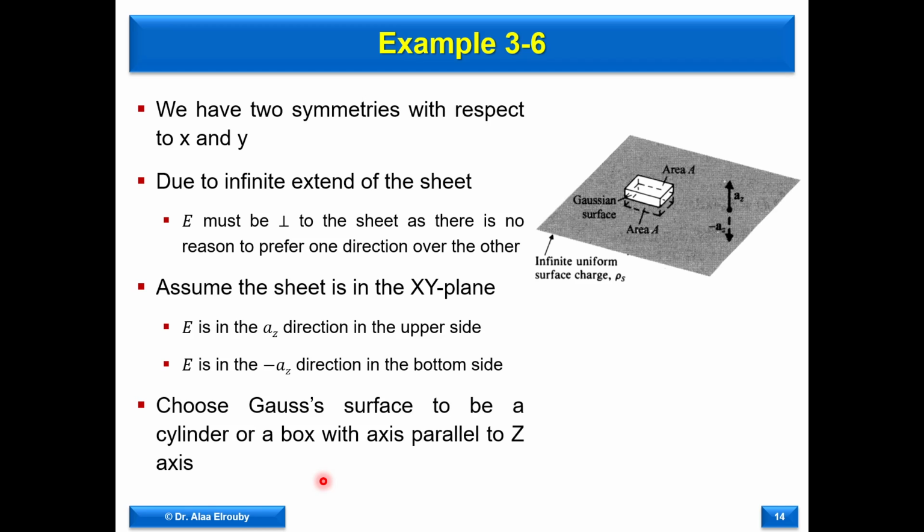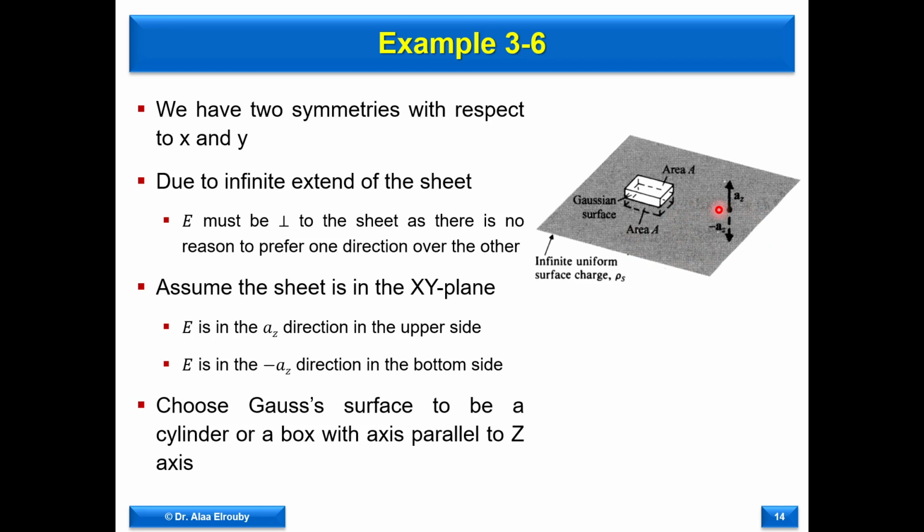So the field must depend on z and must be in the z direction. Also, from symmetry you can conclude that at the top the electric field is going in the positive z direction, and at the bottom the electric field is going in the negative z direction. So in both cases, top or bottom, the electric field is going away from the source.